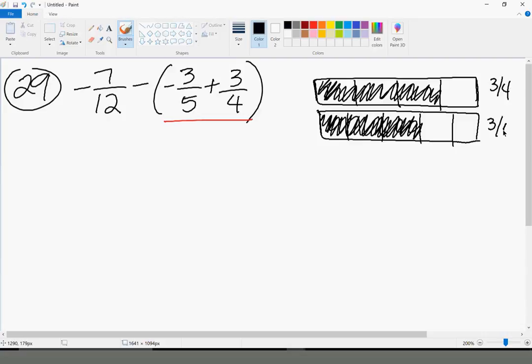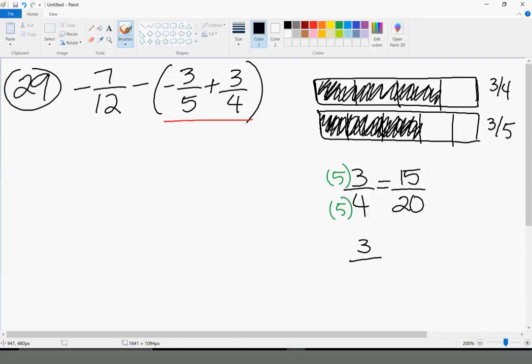Another way to compare them, so I think 3/4 is bigger than 3/5. Another way to do that is to get equivalent fractions with the same denominator. So if I were to change 3/4 to something over 20, if I multiply by 5 over 5, I'll have 15 over 20.